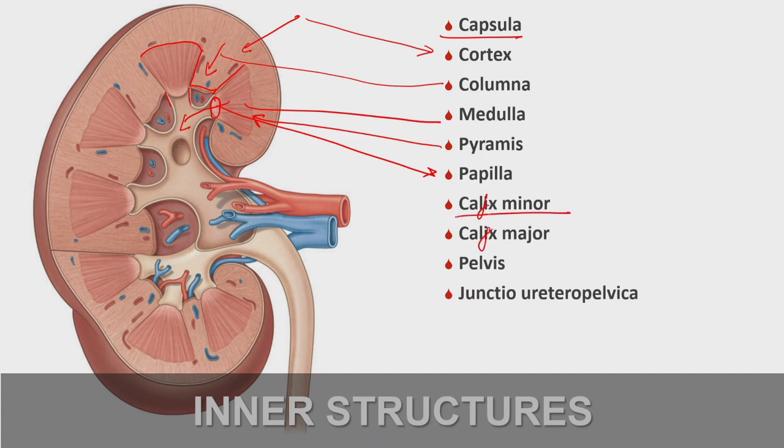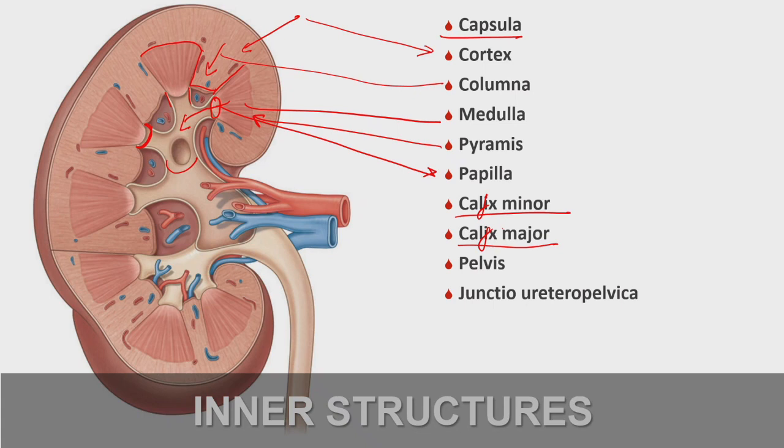Calyx minor is the smallest, the most proximal part of a collecting system, which is fitting to papilla. Then more calyces minores, small calyces, are together forming calyx major, large calyx.